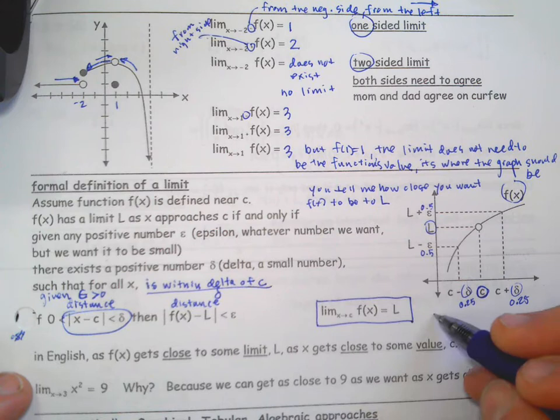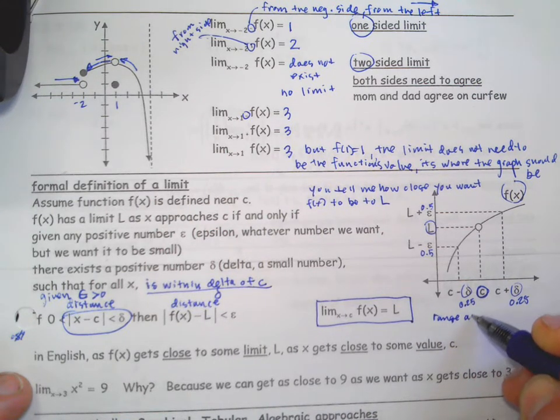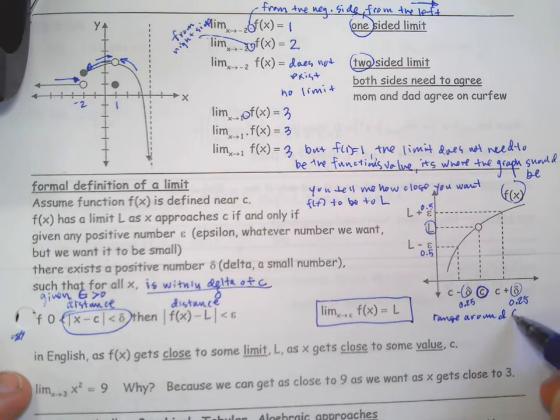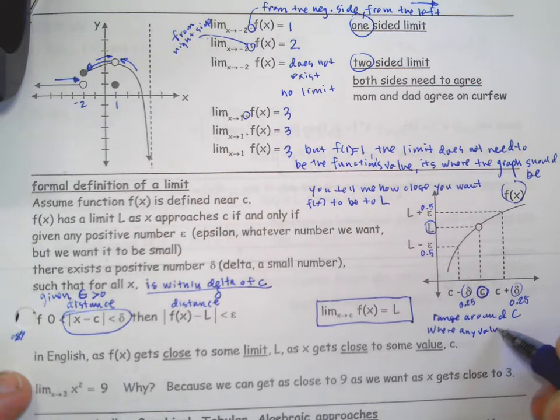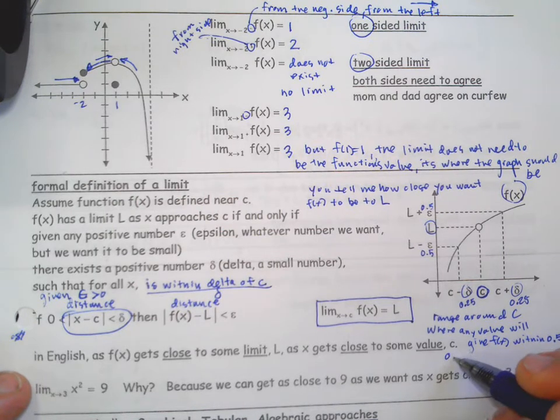So, just going back here, we could add this range around C where any value will give f of x within, and our first example was 0.5, of L. Now we make epsilon smaller, right?